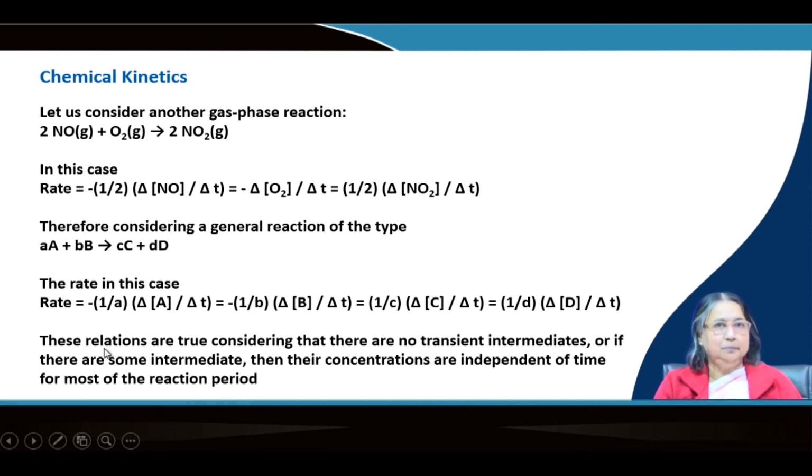But the important thing is that this relation is true considering that there are no transient intermediates, or if there are some intermediates, then their concentrations are independent, at least for some time or most of the time period of the reaction. Otherwise this relation will not hold good.